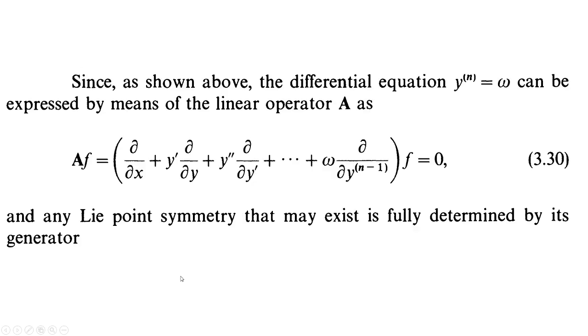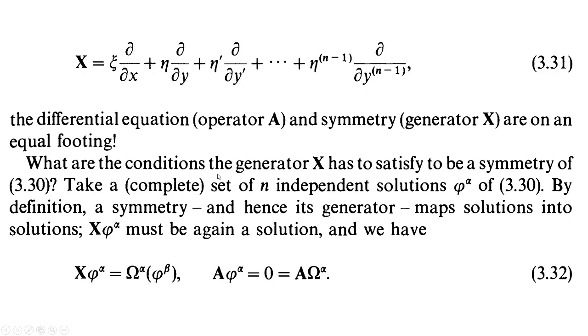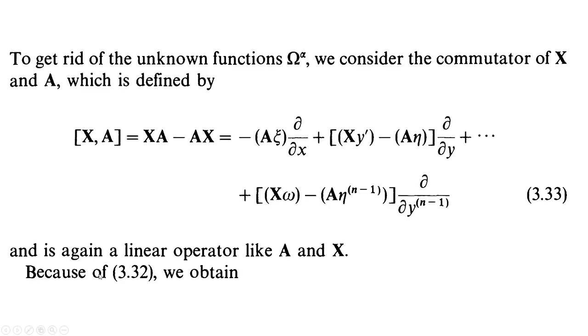The operator A, which is the total differential operator, when operated on the solution, gives 0. So whether we operate it on phi or a function of phi, it will give me 0. And phi alpha we can call the first integral or solution of the nth order differential equation.